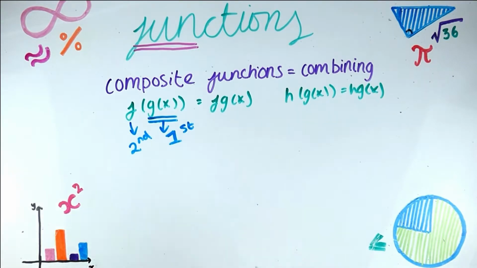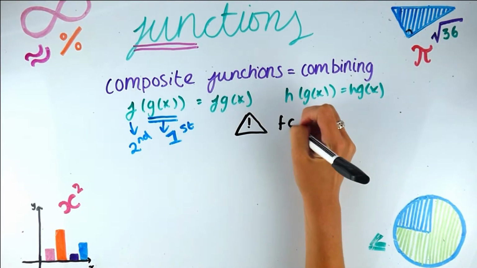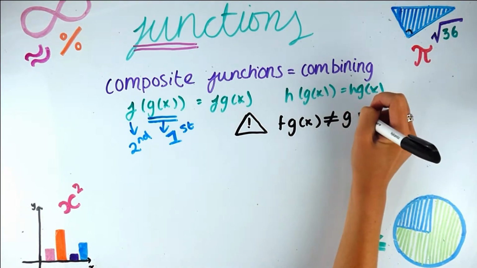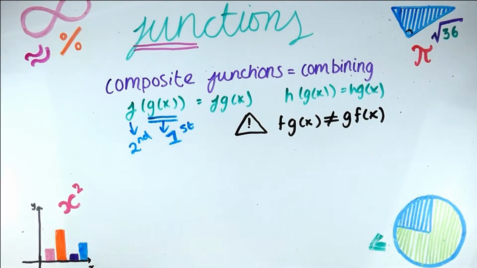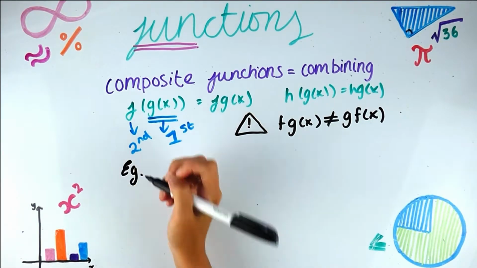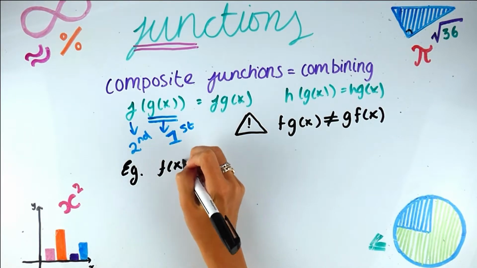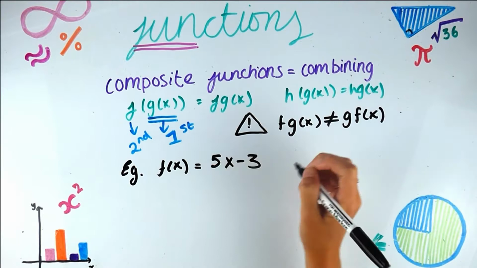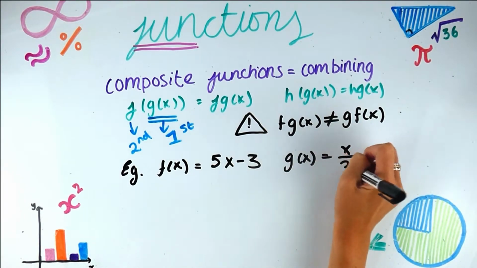Okay, an important thing to note is f of g of x does not equal g of f of x. Okay, so example, let's have the function f(x) equals 5x minus 3, and g(x) equals x over 2.